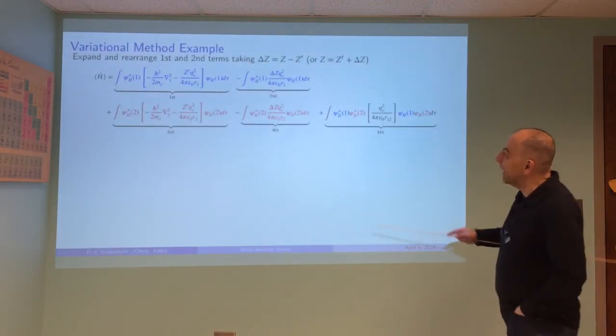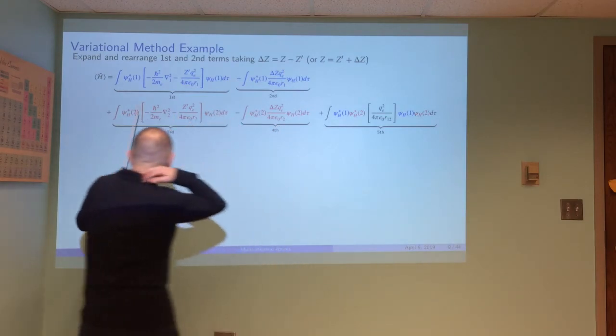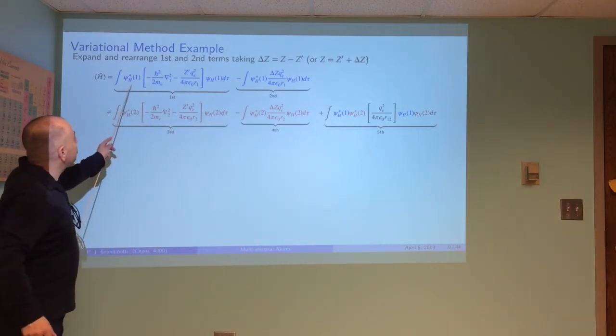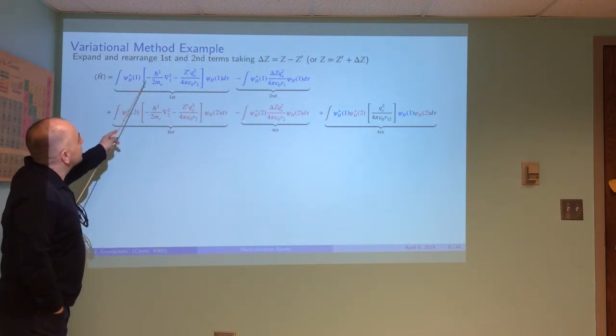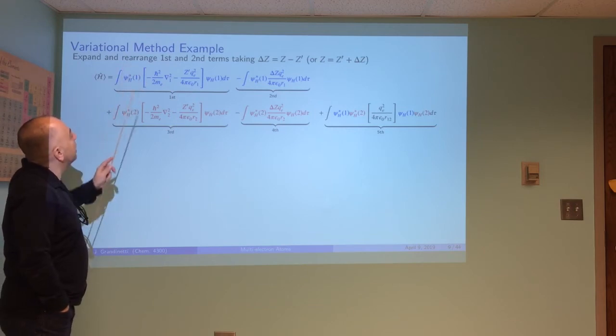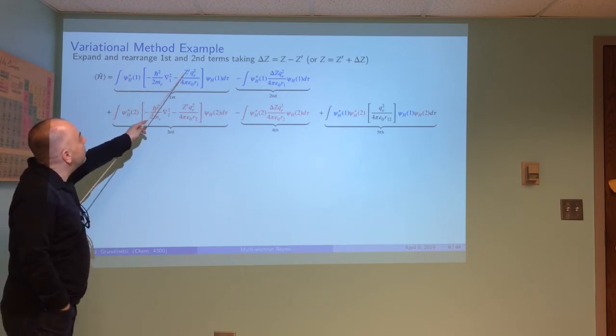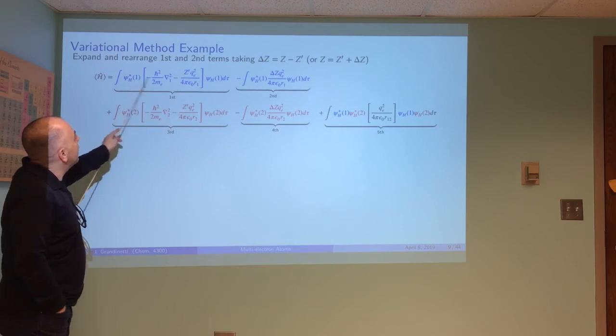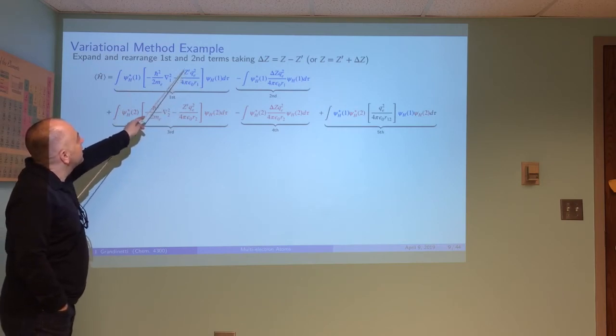All right, so here's what I got. The first electron looks pretty much like a non-interacting electron with the helium nucleus, but now the charge is z prime.